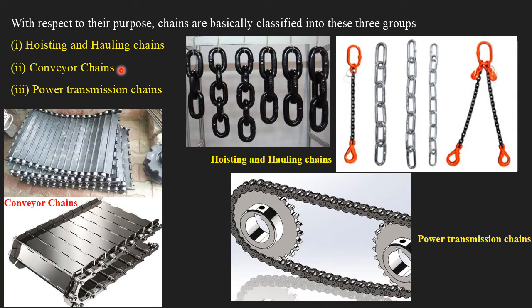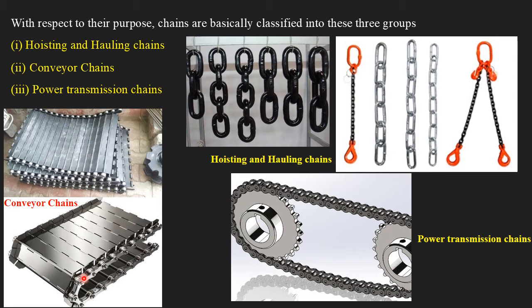Second one is the conveyor chains. Conveyor chains, as the term suggests, are mainly used for carrying materials, let's say by sliding or pulling or carrying in conveyors. Up to a speed of 2 meters per second, these chains will be able to carry materials in conveyors or other forms.